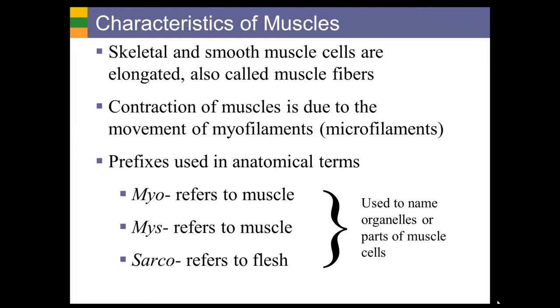The flesh of an animal is typically the part that you eat. When you eat meat, for the most part, what you are eating are the skeletal muscles, whether chicken, steak, or pork tenderloin. It's the muscle. So myo, mys, and sarco all refer to muscles.